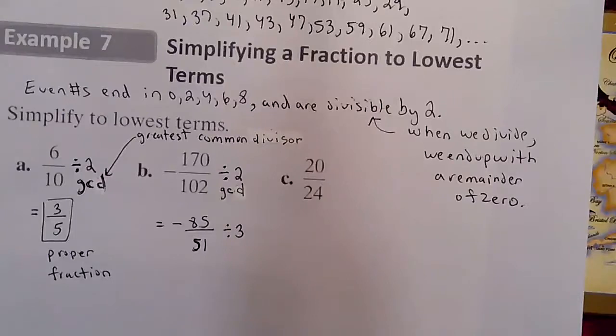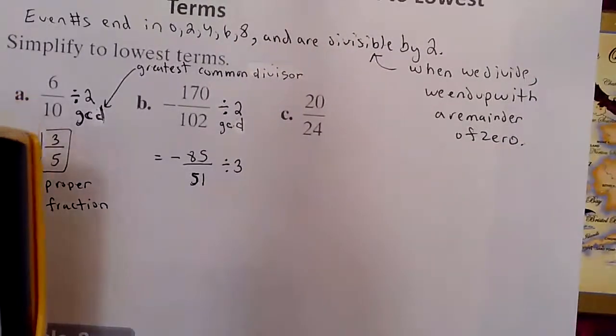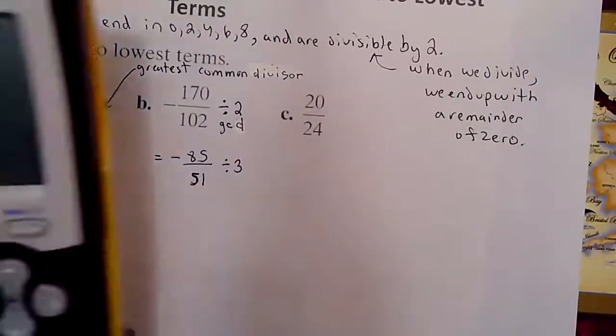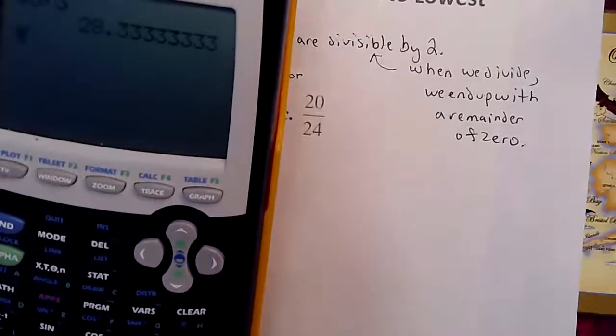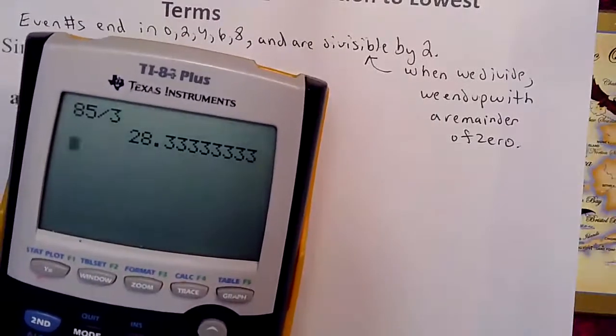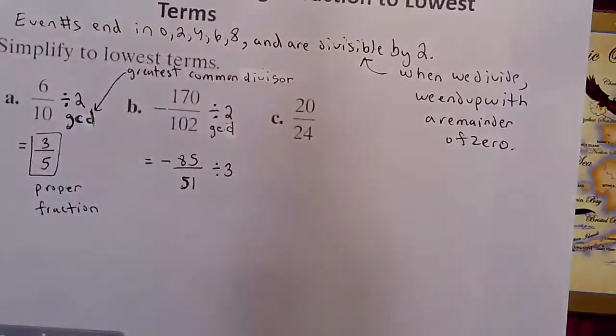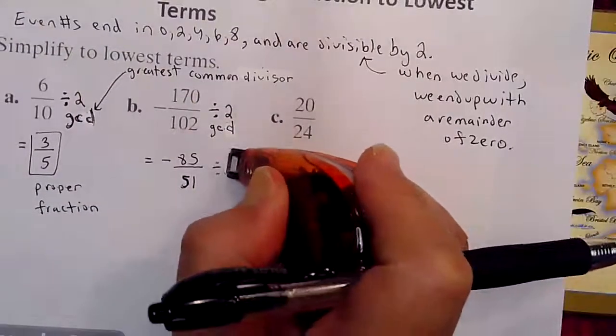Okay, so let's see if 3 will work. If I don't get any decimals, then I can use 3. So let's try 85 divided by 3. See, that's not good. See how we get a decimal? So then we're not allowed to use 3, because it gives us a decimal.